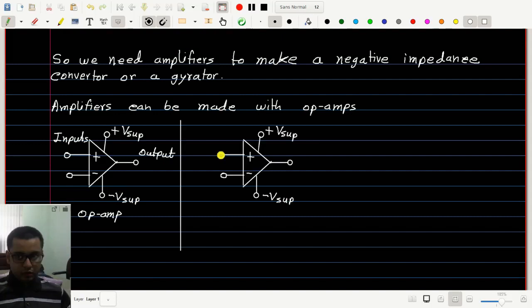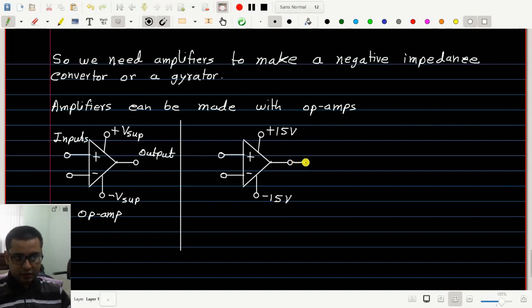Okay, now let me tell you how to make an amplifier with an op-amp. First thing we will do, we will give power supply to the op-amp, plus 15 volt and minus 15 volt. You can use plus minus 12 volt supply if you like.